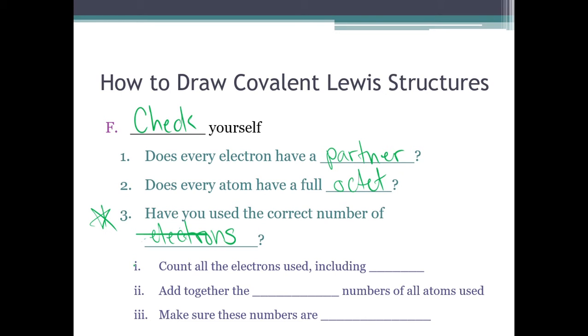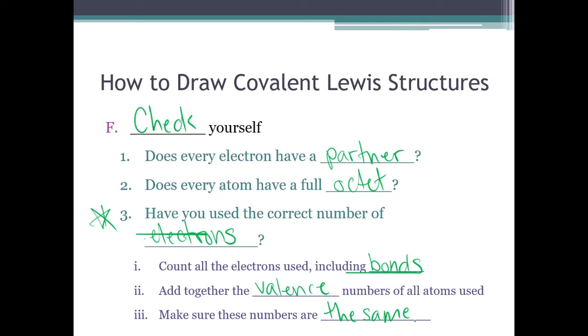So it's always a good plan to double check. In order to do this, you count up all the electrons that you used, including in the bonds. Add up all the bonds, all the lone pairs until you've counted all the electrons. And then add together the valence numbers of all the atoms that you used and make sure that these numbers are the same.